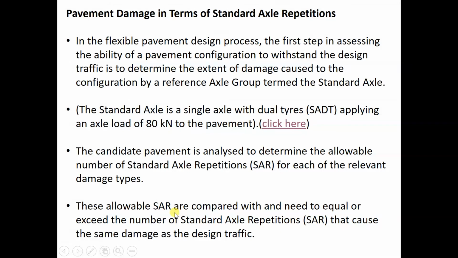So when we design, the design value of the SAR should not exceed the allowable. The allowable needs to equal or exceed the design, which means the allowable needs to be more than the design.